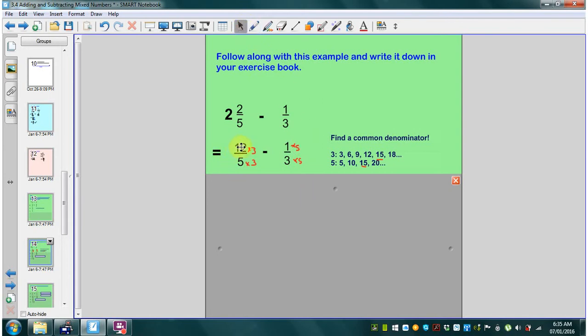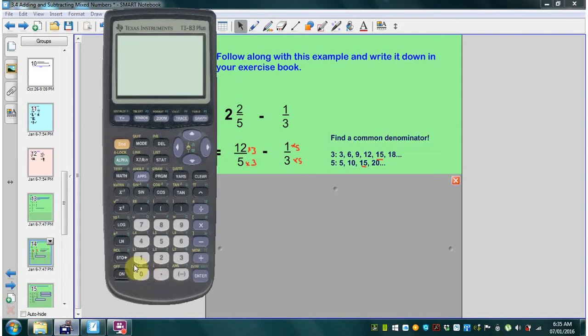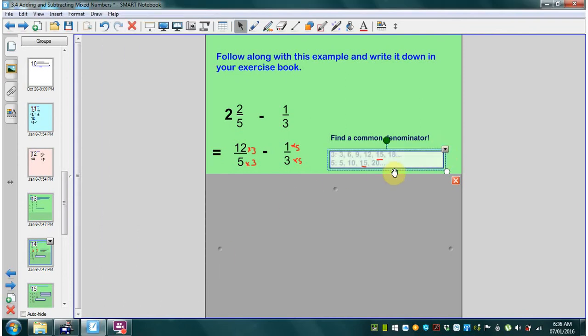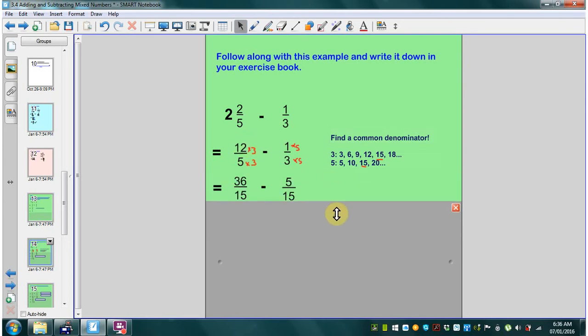Okay, so 12 times 3. If you find that a little bit difficult, don't be afraid to pop it into your calculator. 12 times 3 is 36. Okay, so 36 over 15. Subtract, and then 1 times 5 is 5. 3 times 5 is 15.